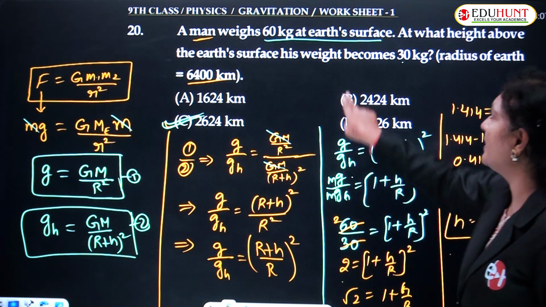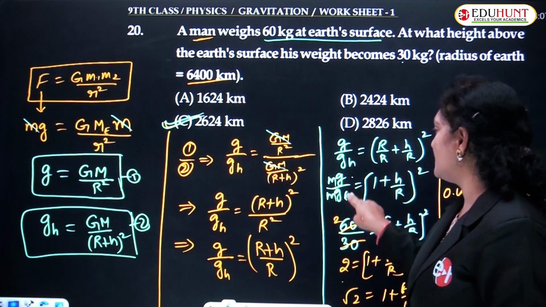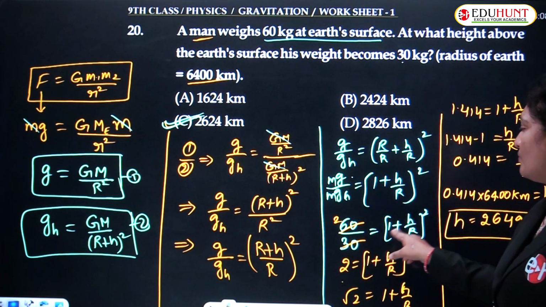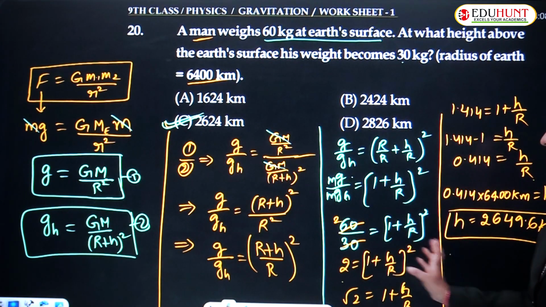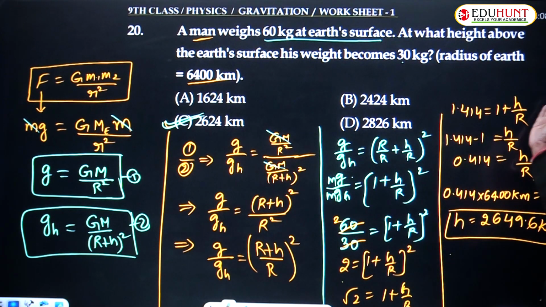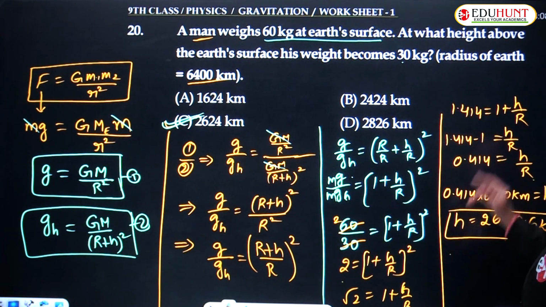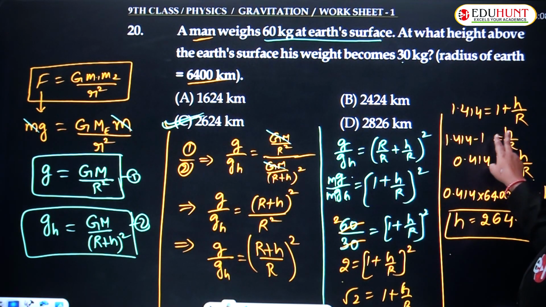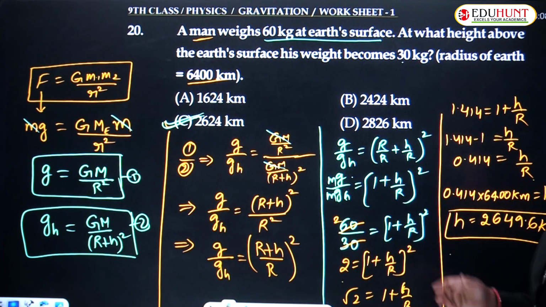So the weight of the body on the earth's surface is given as 60, and at a certain height is given as 30. Simplify, and you will be getting 2 equals (1 + h/R)². Taking the square root on that, you have root 2 equals 1 + h/R. Root 2 is taken as 1.414 equals 1 + h/R. Taking 1 to the other side, it becomes 1.414 minus 1, which is the value of h/R, and this equals 0.414.